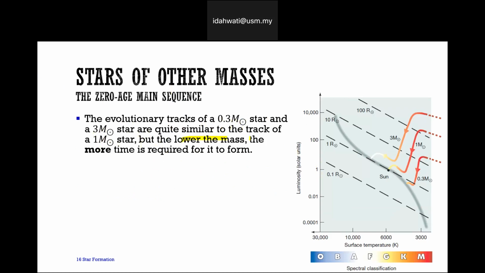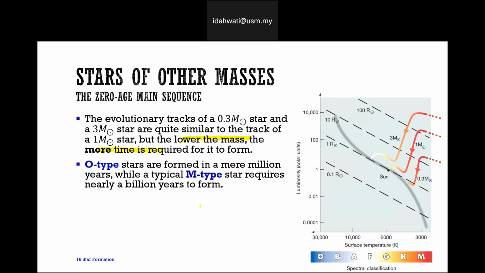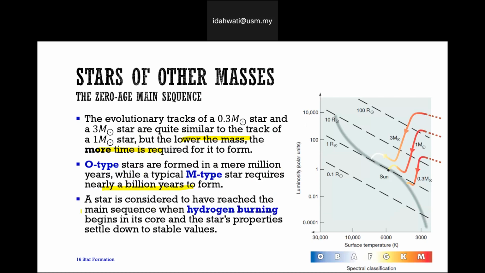But the lower the mass, the more time is required for it to form. O-type stars are formed in a few million years, while M-type stars will require billions of years to form.